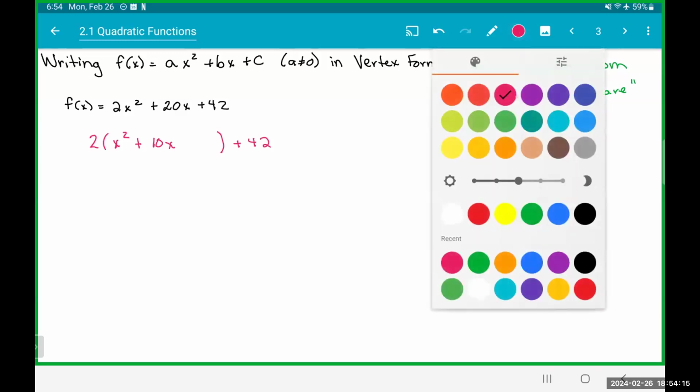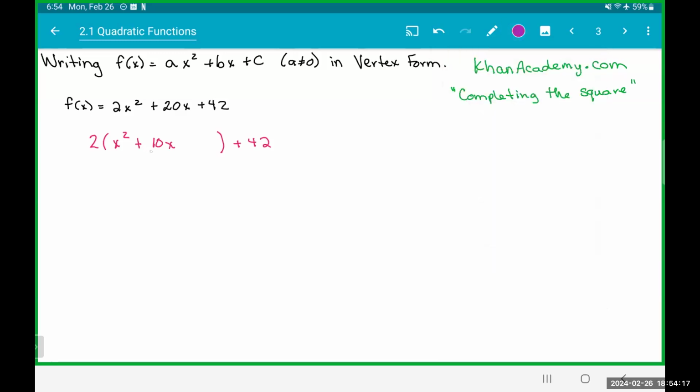So how I do this is I take this number right here. This is what we call B, right? Because this was A, B, and C in our quadratic formula, right? So I'm taking the letter B, and I'm going to divide it by 2 and square it.